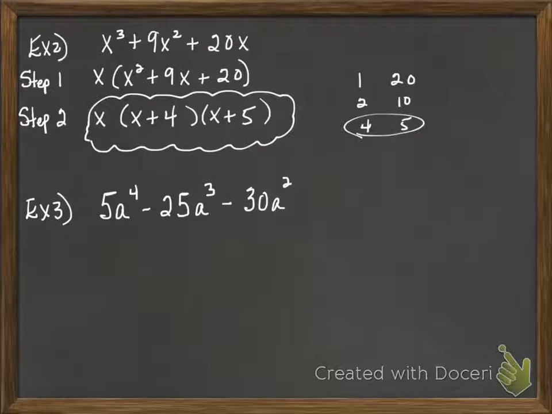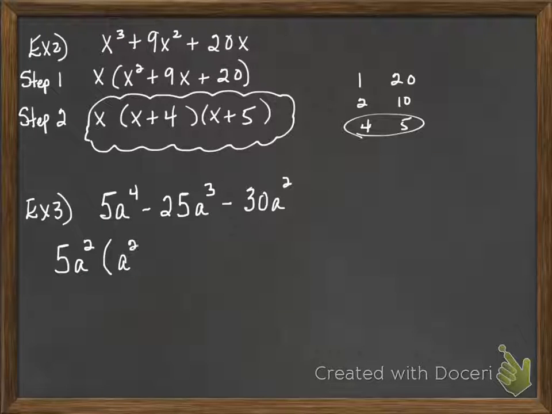All right, is there a GCF? 5a squared. This time I get to include an a because there is an a in every term. If you don't factor out the greatest common factor, then nothing else is going to work for you here. So you've got to spend some time thinking about the GCF. 5a squared times what is 5a to the fourth?